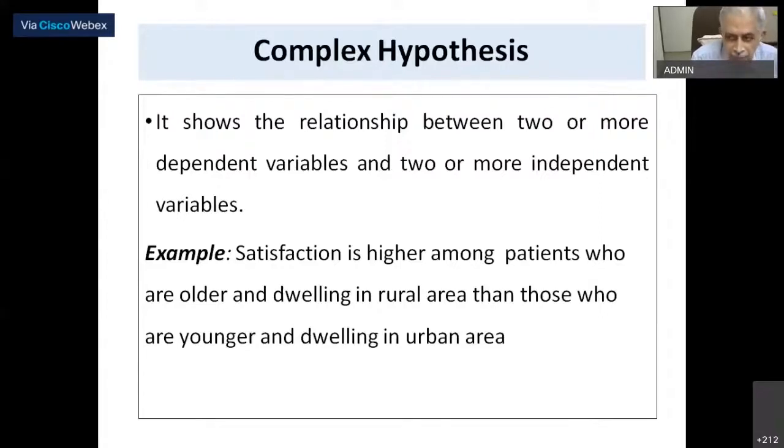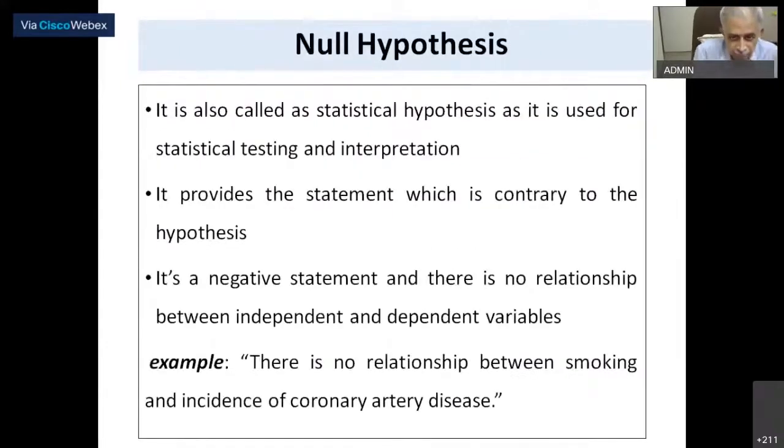So one is rural, one is urban, one is young, one is old. You want to look at these groups and see whether there is any difference in satisfaction, either regarding their lifestyle or medical care or whatever you want. So you have two variables on one side, another two variables on the other side, then it's a complex hypothesis.